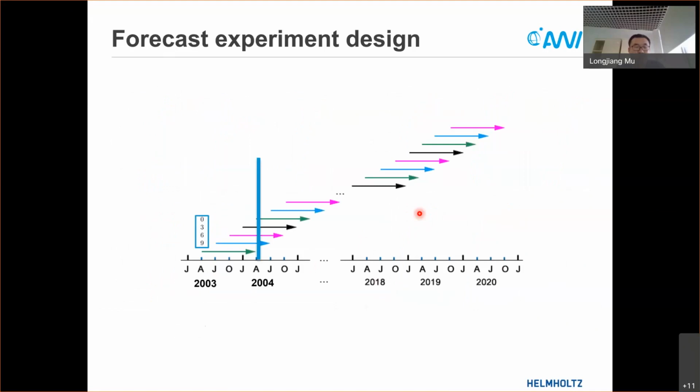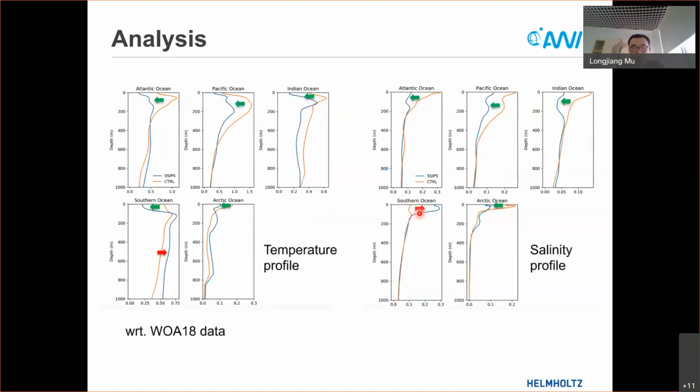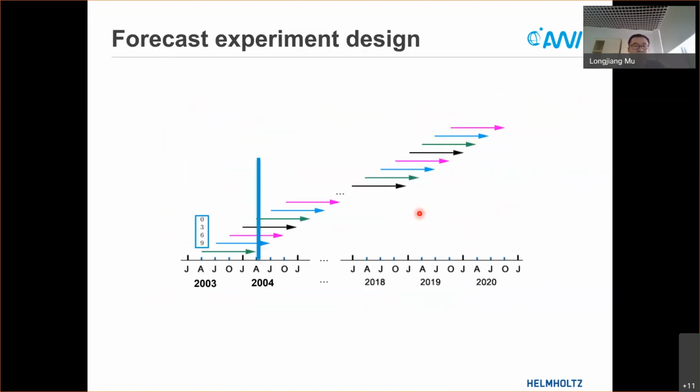So from all these assimilation results, we get the analyzed field, and from the analyzed field we do the forecast. For each year we do forecasts starting from January 1st, April 1st, July 1st, and October 1st, and each experiment lasts for 1 year.